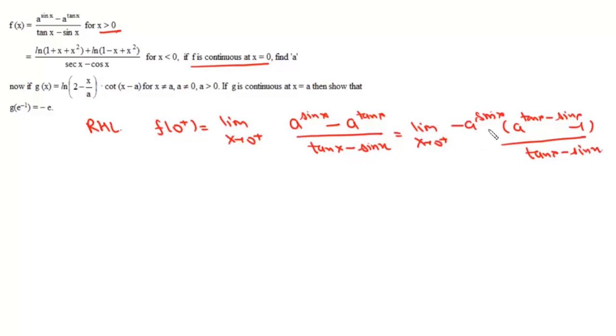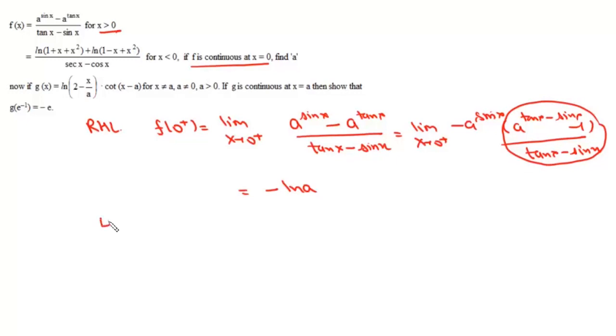Now this is a to the power 0, which is 1, and this is a to the power x minus 1 upon x when x tends to 0, as tan x minus sin x is 0. So this is standard limit ln a and this is 1. So value of this limit will be minus ln a. So for this function, right hand limit is minus ln a.